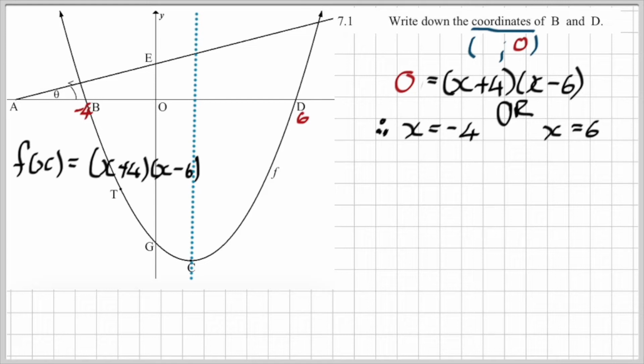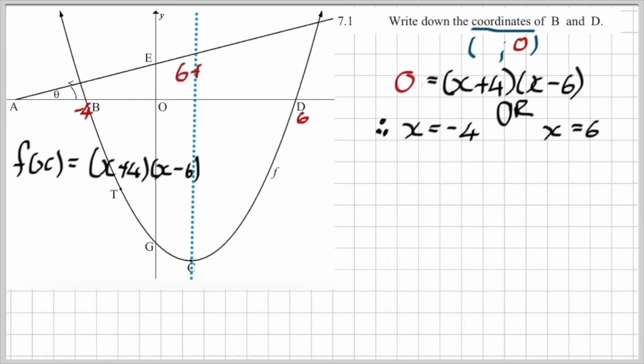But now I'm going to go to a next level before I carry on even to the rest of this question paper. If I've got the two x values, I can automatically get my axis of symmetry, that blue dotted line there. Why? Because it's exactly in the middle of my x-intercepts.